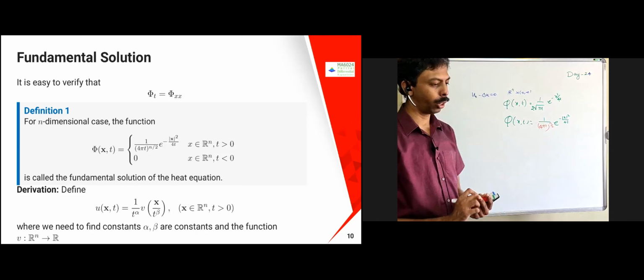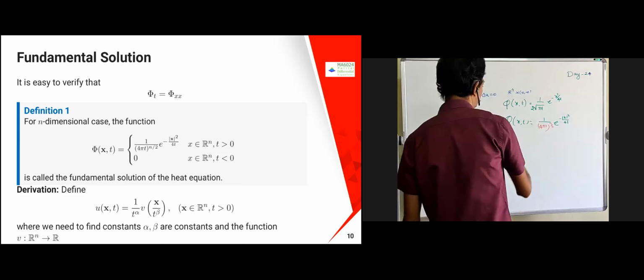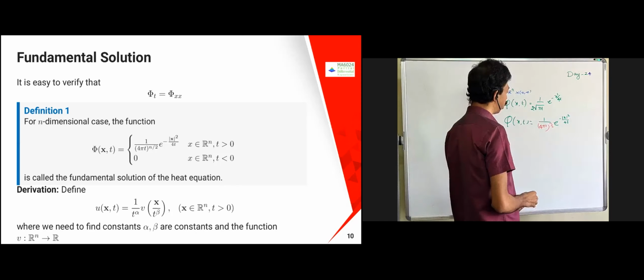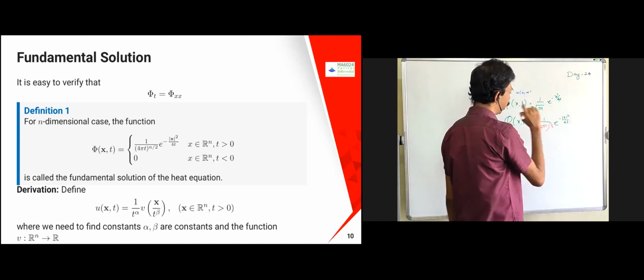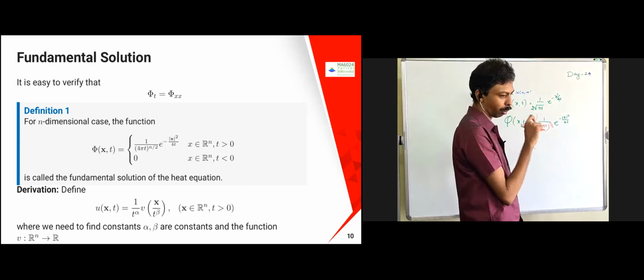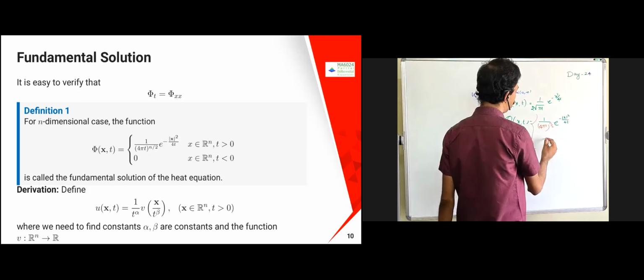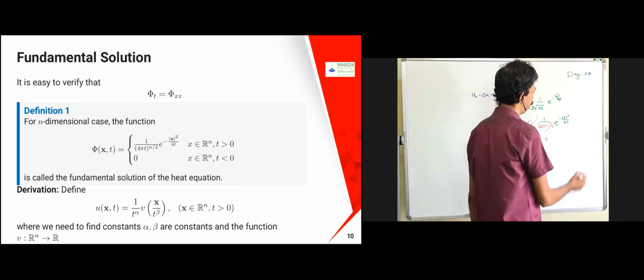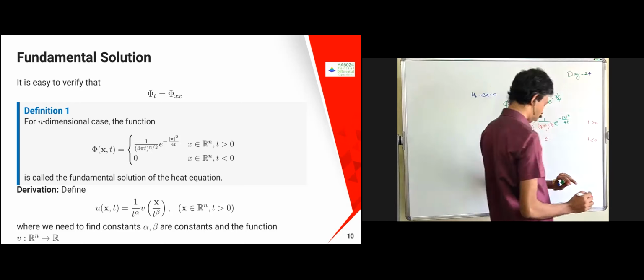So for that we are going to derive the next one. Phi of x comma t, I'm just going to define as 1 by (4 pi t) power n by 2 into e power minus mod x square by 4t, for t greater than 0 and x belongs to R power n, or 0 if t is less than 0. I'm just going to derive this in the next 2-3 minutes.